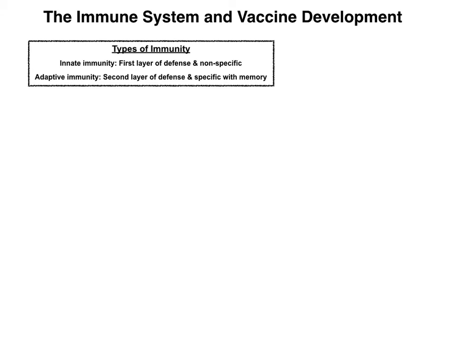So, a very broad overview of the human immune system. Our immunity is majorly classified into two: innate immunity and adaptive immunity. Innate immunity means you have it already in your body. It's also called the first layer of defense and is very non-specific.